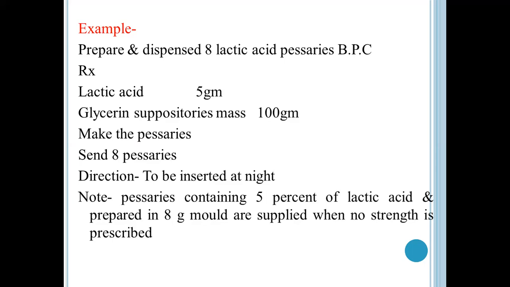That means what was properly mixed separates out and settles. So that's why immediately you have to pour it into the mold, and after that proper solidification has to occur, then it is removed, and then it is packed into the metal foil or any waxed paper, and after that it is kept in a well closed jar.